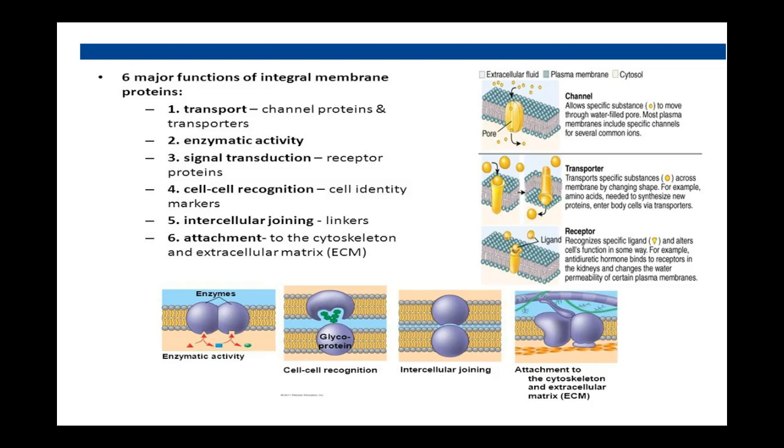So the cell actually attaches to its own environment, the ECM. So there are at least six different types of proteins: integral proteins, transmembrane proteins, those proteins that are embedded in the plasma membrane, to give you an idea of which is which.